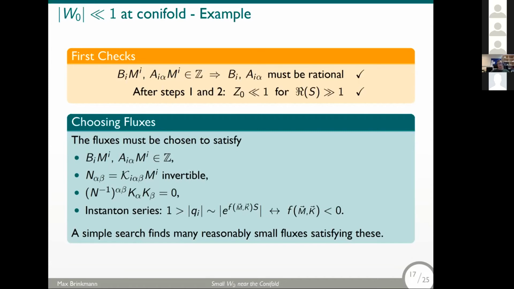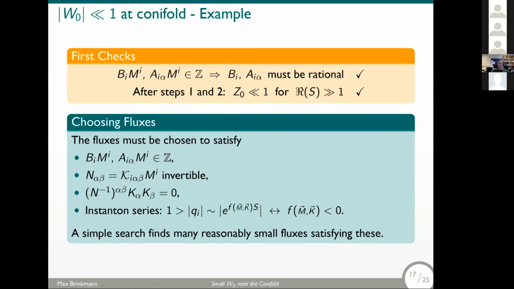But additionally to this, we have to be able to trust the instanton series. So Qi, of course, have to be smaller than 1. In the perturbative minimum, all the Qi are just an exponential of S. Since we want to stabilize the real part of S to a large value, it is a necessary condition that these prefactors here are smaller than 1.